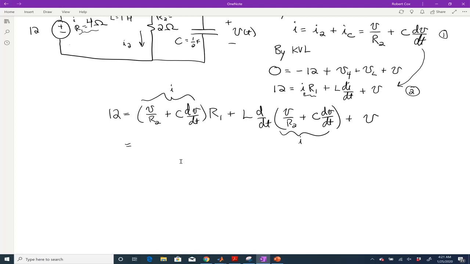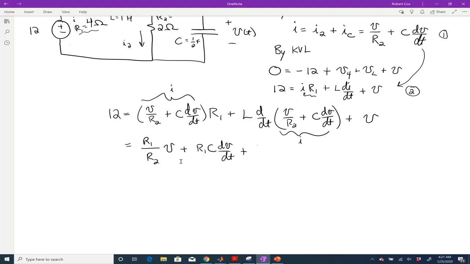As I do that, this becomes R1 over R2 times V plus R1 C times dV/dt plus, what do I get here?